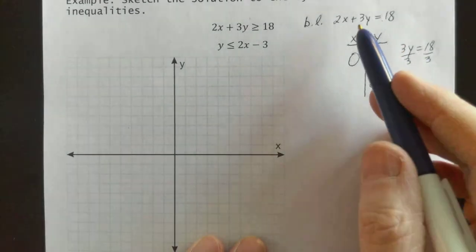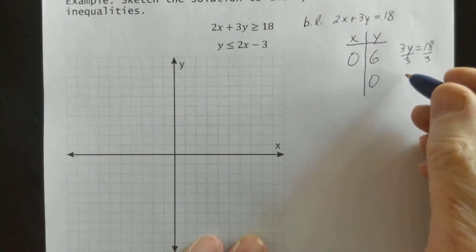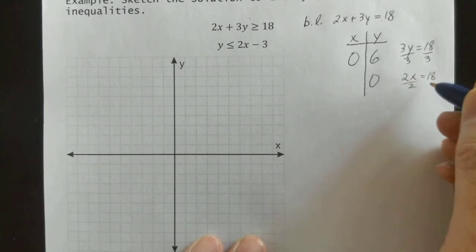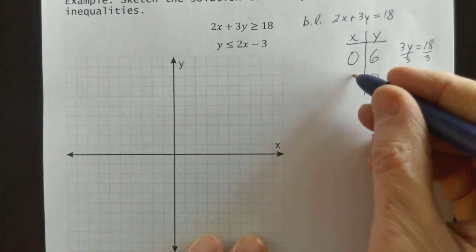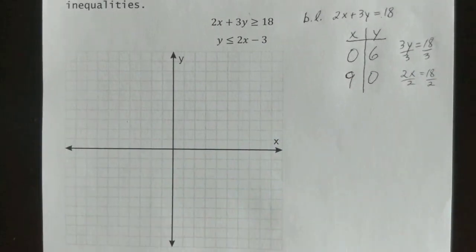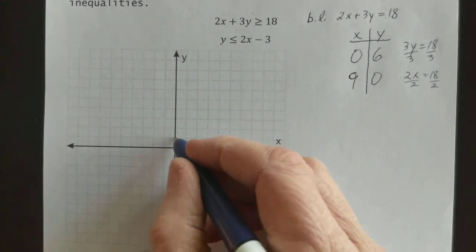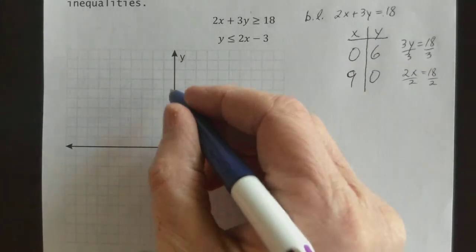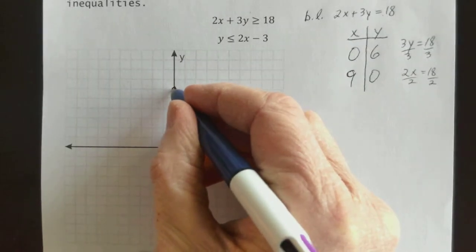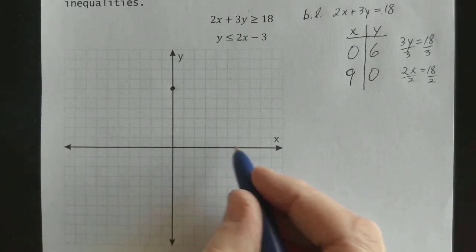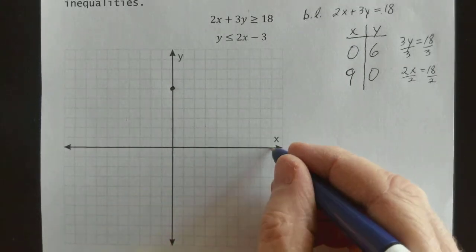When y is 0, we got 2x equals 18, and 18 divided by 2 is 9. So I'm going to plot the points (0, 6), counting 1, 2, 3, 4, 5, 6, and (9, 0), counting 1, 2, 3, 4, 5, 6, 7, 8, 9.